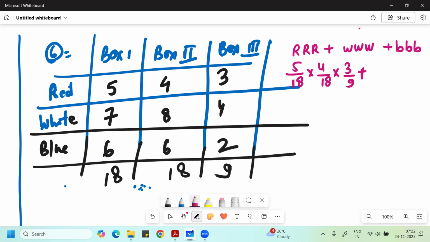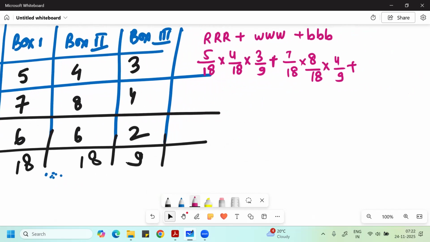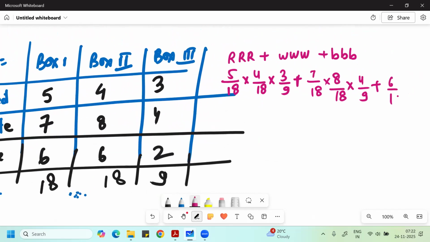Similarly for white, the first box would be 7 by 18, then 8 by 18, and then 4 by 9. Similarly for blue, it would be 6 by 18, then 6 by 18, then 2 by 9.